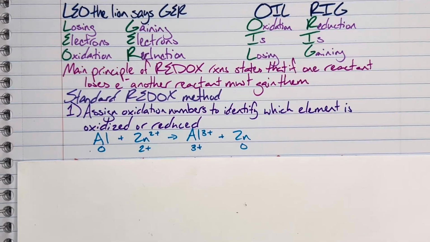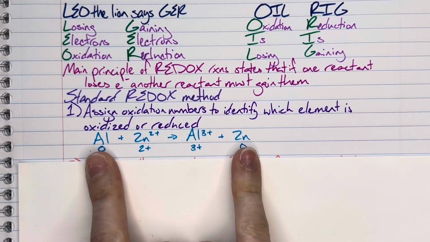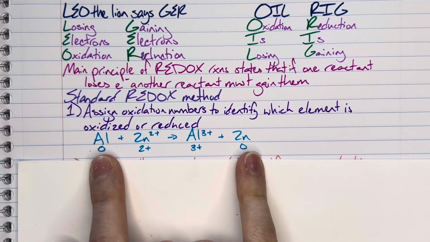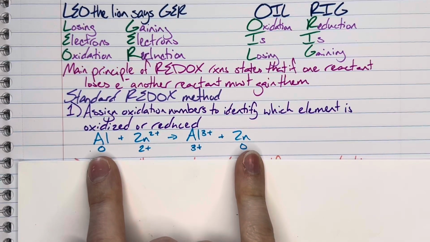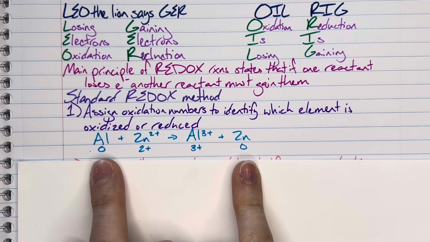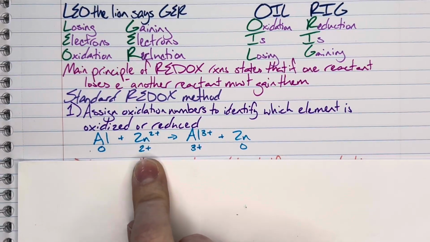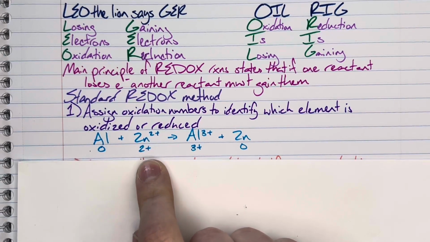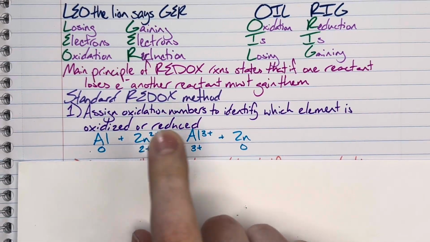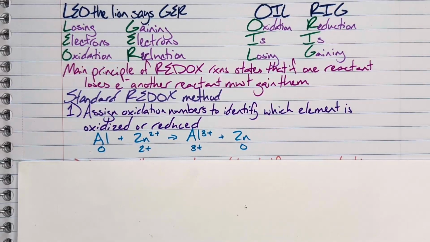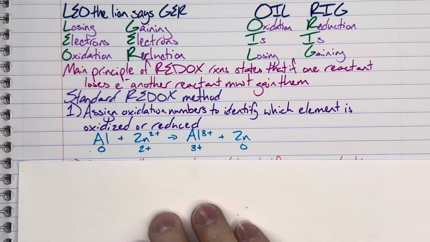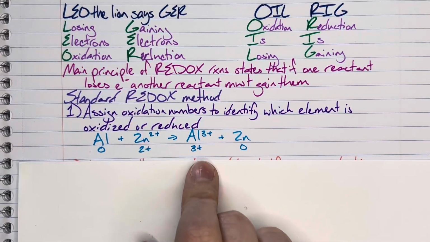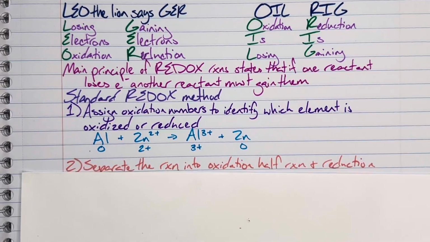Since aluminum and zinc, when they're by themselves and not aqueous, when they're solids, are going to have their oxidation states be 0. And then when they are monatomic ions, their oxidation state is just their charge. I can see what charge is which, and so I can see that zinc is reduced and aluminum is oxidized.